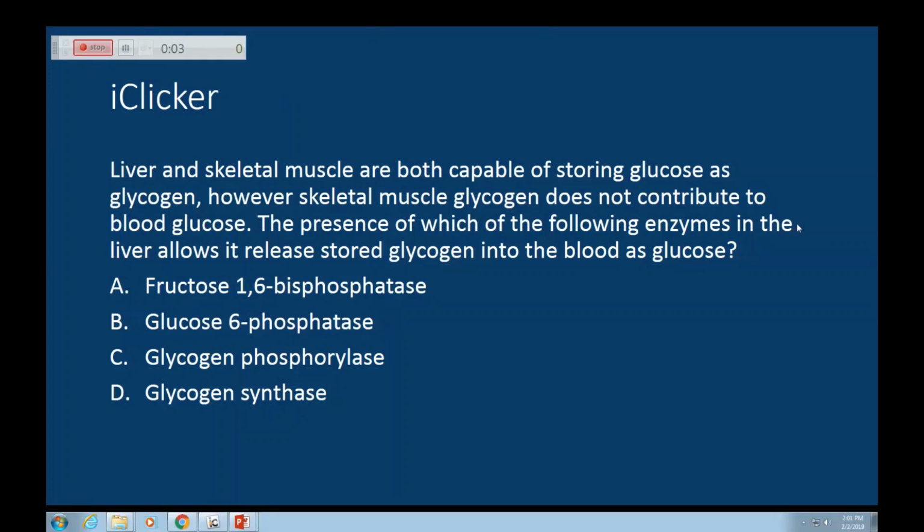This is, I think, one of our last questions, so we're almost there, guys. I know it's been a lot today, but this one will probably be very challenging.